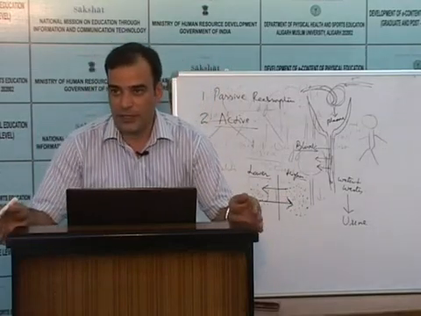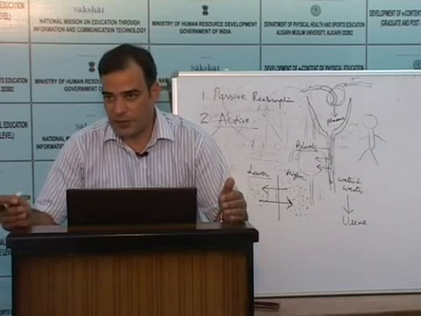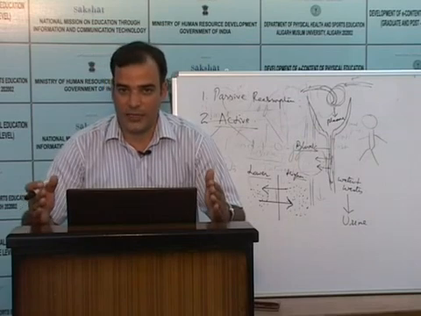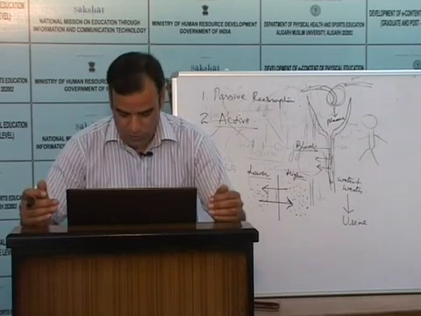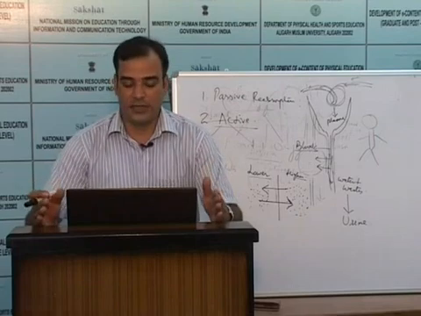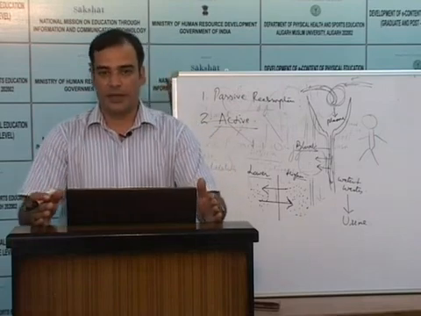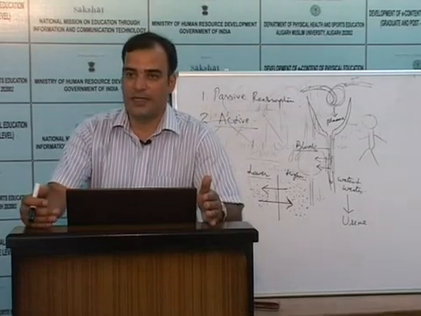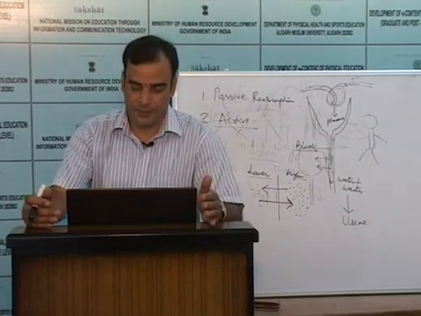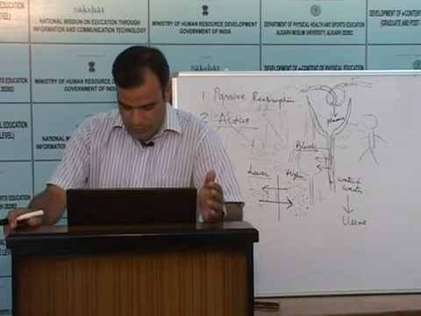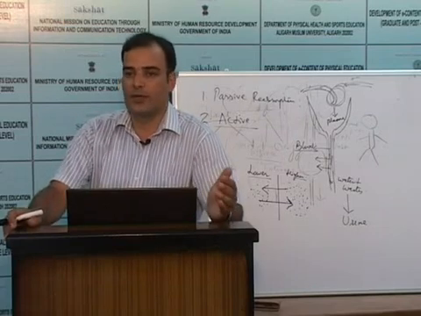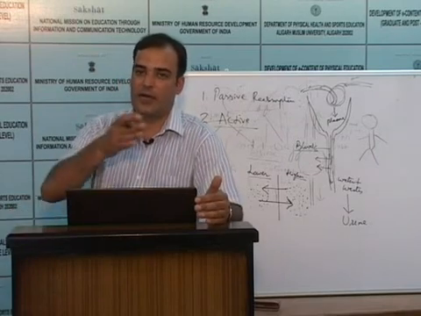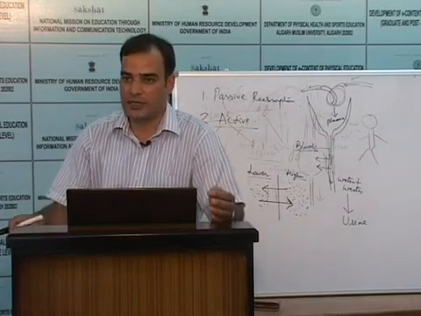So in a nutshell, the reabsorption in the tubules is of two types: active reabsorption and passive reabsorption. Active reabsorption means energy is required because the substances are to be transported against the electrochemical gradient. In passive reabsorption, because the transport takes place along the electrochemical gradient, from higher to lower, no energy is required.